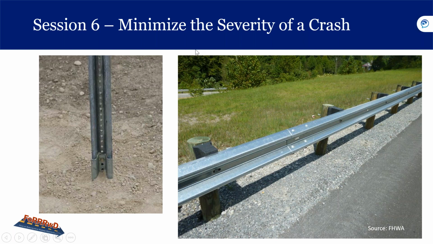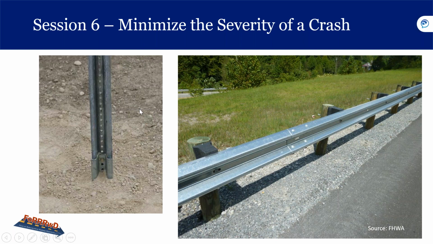And then in our third part, we talk about what happens when a crash actually happens and what we can do to minimize the severity of that crash. So the main learning outcome of this session is to develop an understanding of countermeasures to reduce the severity of crashes.